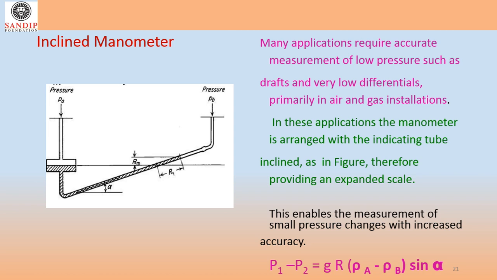But let us see in short about it and its equation. It is most probably utilized in drafts and very low differentials, primarily in air and gas installations. This manometer is arranged with the indicating tube inclined, and an extended scale is provided. The pressure difference is given with the help of the equation P1 minus P2 is equal to G into R into rho A minus rho B and sine alpha.